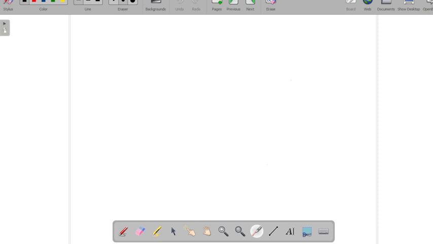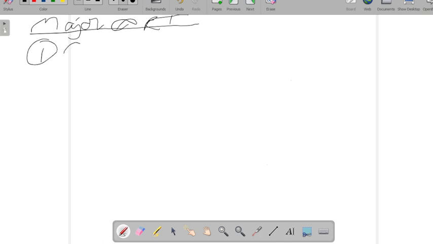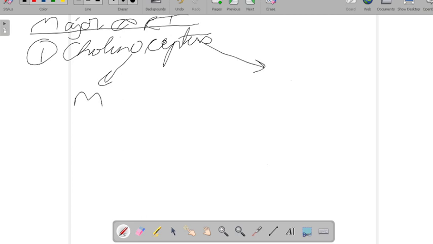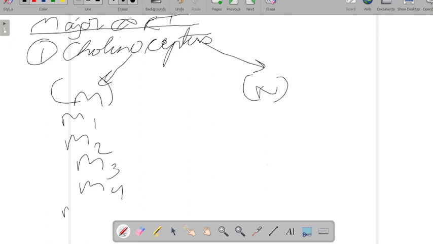Now we'll discuss the major autonomic receptor types. So first we'll discuss the cholinoreceptors. They are divided into muscarinic and nicotinic. In muscarinic we have M1, M2, M3, M4 and M5. Nicotinic we have NN and NM, right?